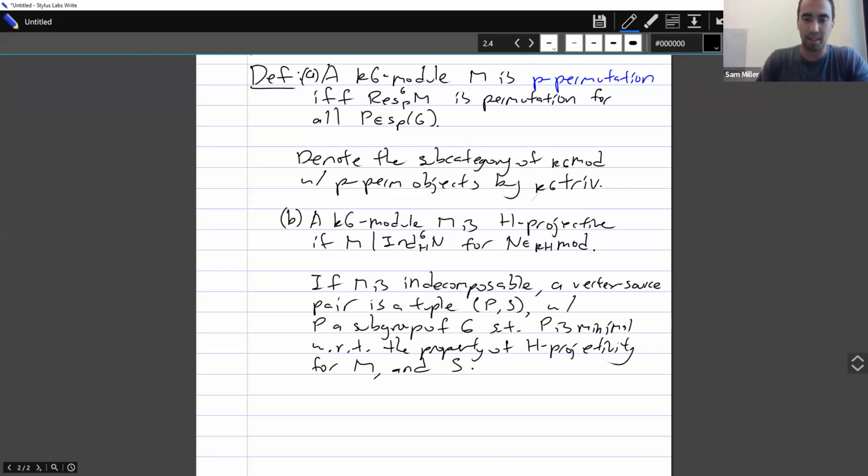And S in KP mod is such that M divides the induction from P to G of S. And I write P because, in fact, vertices are always p-subgroups.